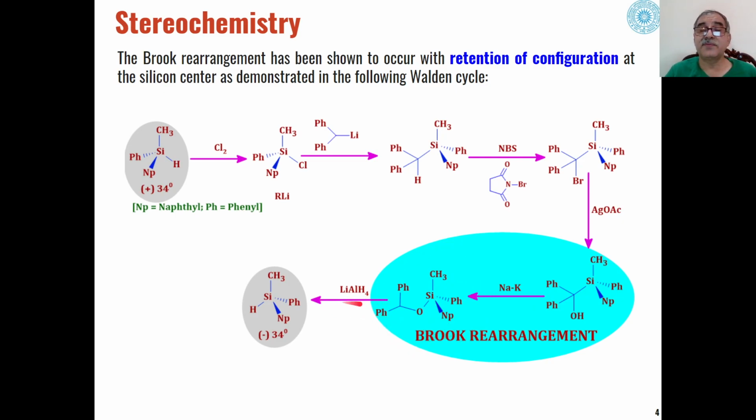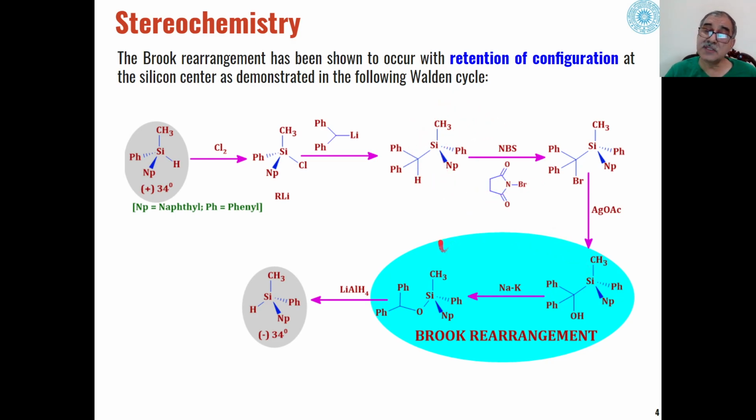And if reduction of these alpha silyloxy carbanion takes place, then the product formed is the same from which we have started, and it has been found that the product formed is with inversion of configuration. So as you can see, inversion of configuration has taken place at a step prior to the Brook rearrangement.